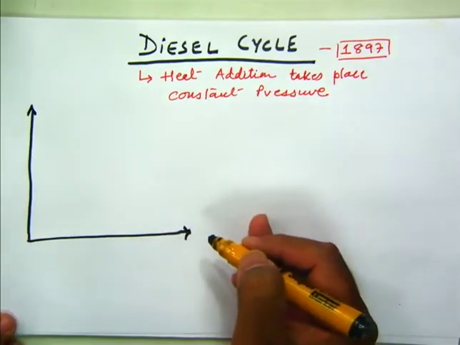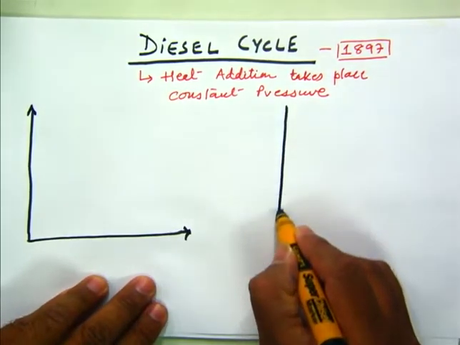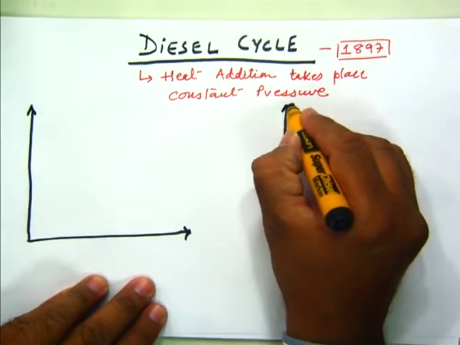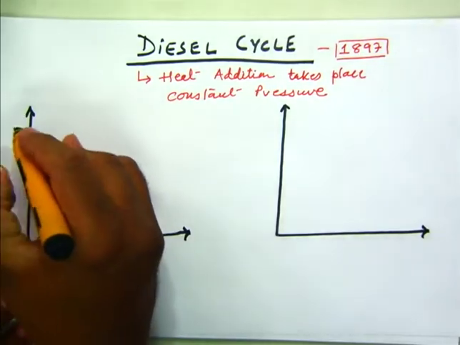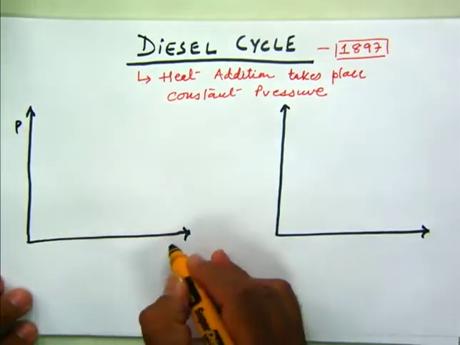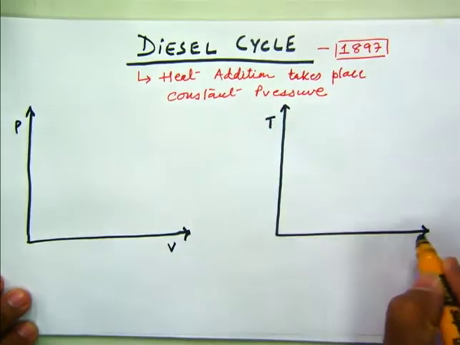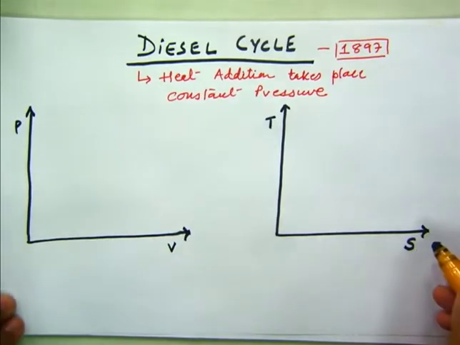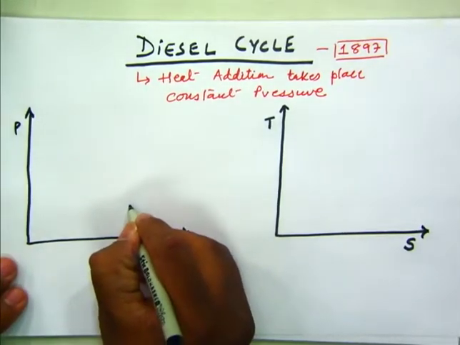The cycle on two planes: the PV diagram and the T-S (temperature-entropy) diagram. The process starts at point 1.